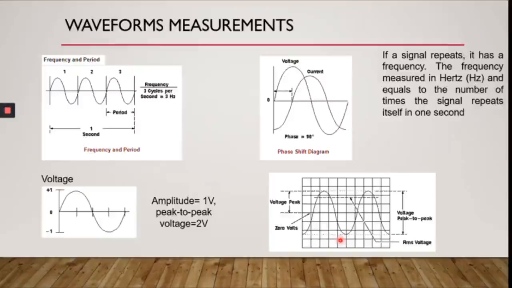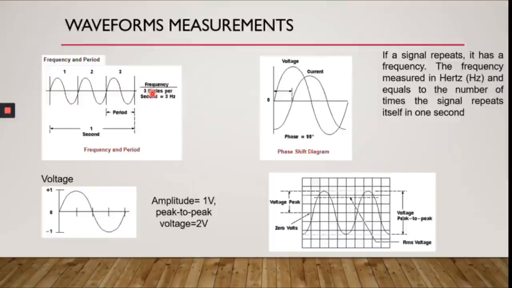Okay, what do we use oscilloscopes for? We use them for waveform measurement. So here are some definitions: frequency, period. In 1 second, here we have 3 complete cycles.